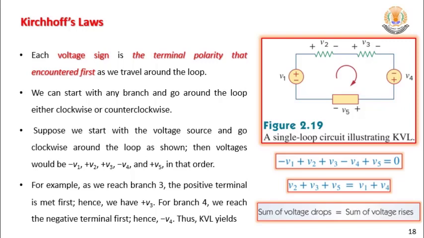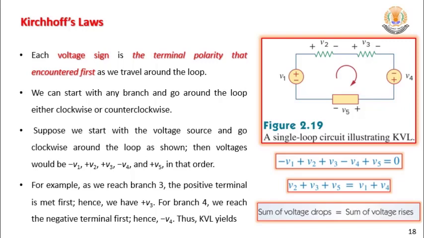So I can say that V1 minus V2 minus V3 plus V4 minus V5 equals 0. Or this source assists this source in the same direction, helping. So V1 plus V4 equals V2 plus V3 plus V5, which is this equation. Clear?